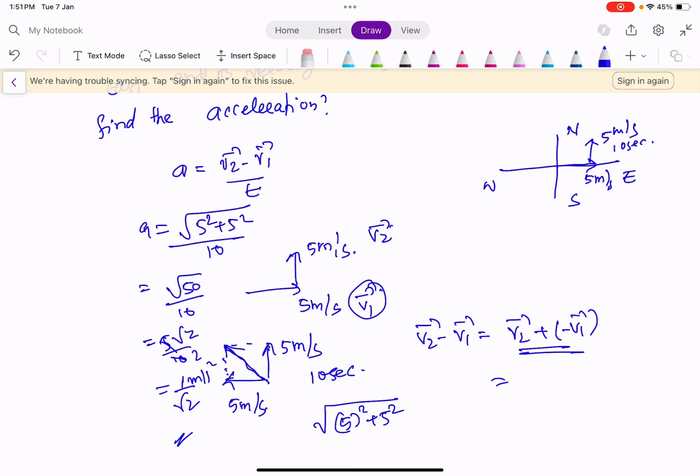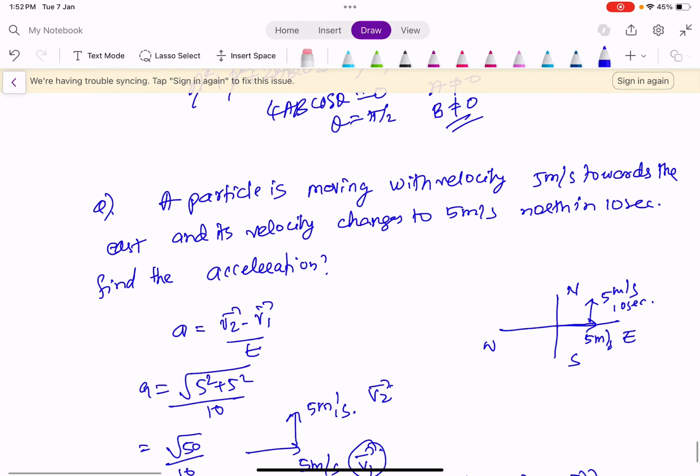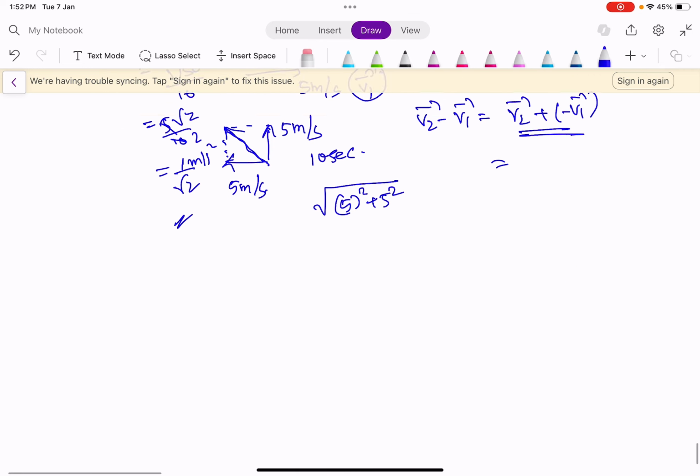See how easily we solved it. So this is based on vector addition. If it is changing like that, then we need to know how to add two vectors. Subtraction is just the addition of the negative of the other vector. Okay, the remaining we can discuss in the next class.